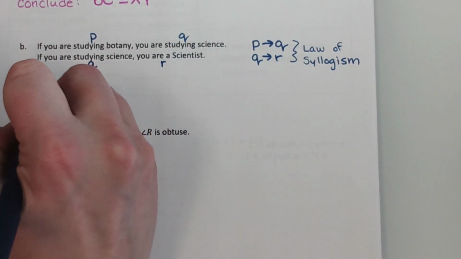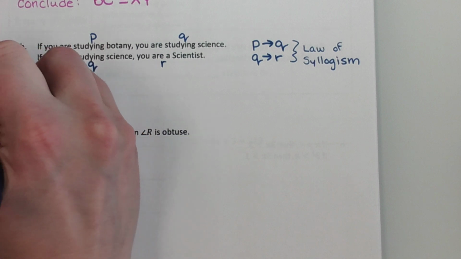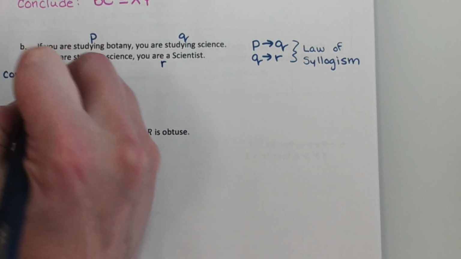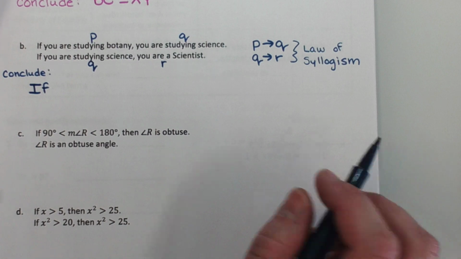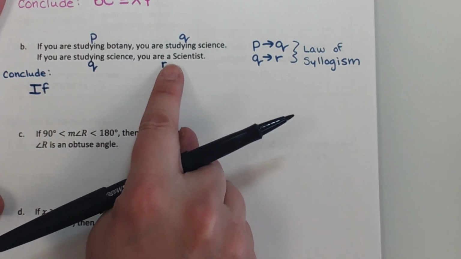If, and you don't have to write conclude, but this is what we're doing right here just for the sake of our notes. If, which one is the hypothesis that doesn't match anything? Nope, that's the conclusion. That's the second part.